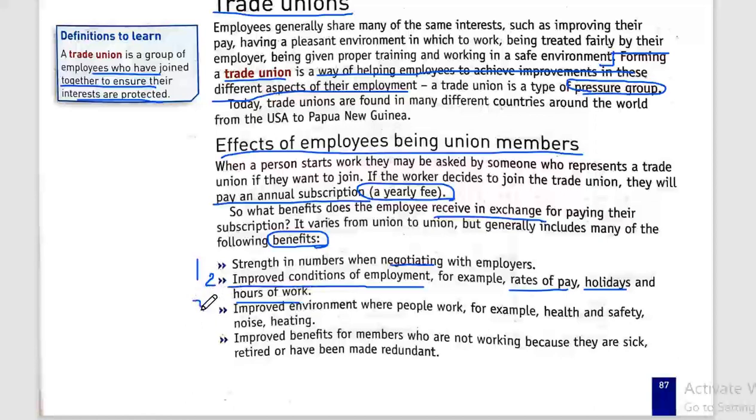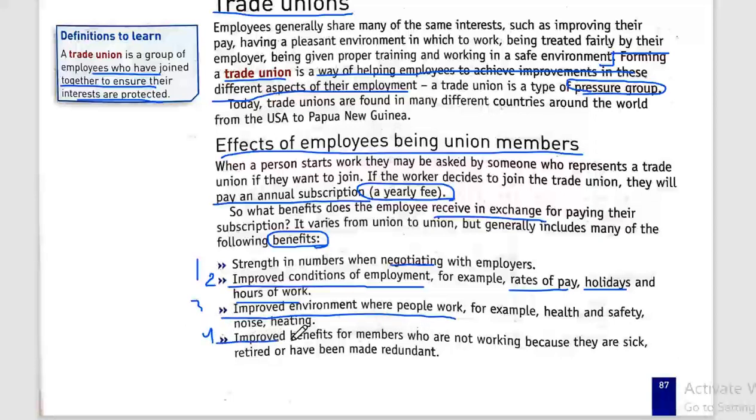And number three, improved environment where people work. If there's anything wrong with the environment where I work, this trade union can help me to make it better because they allow my comments to reach the higher manager or the employer.